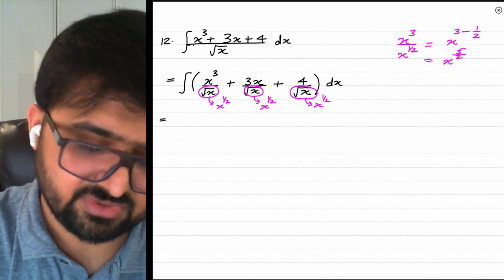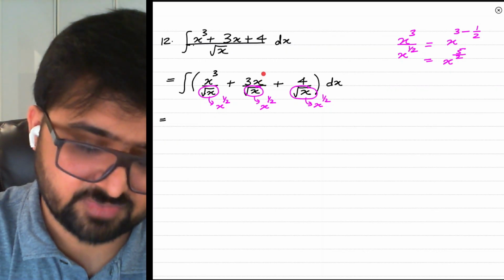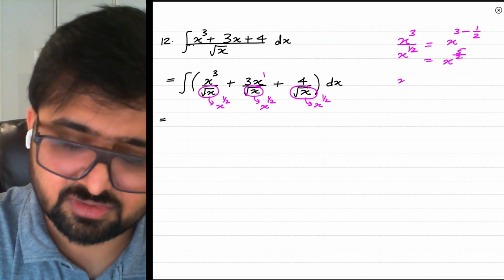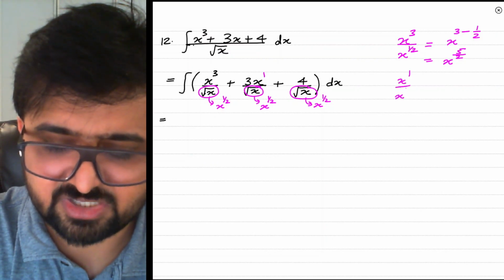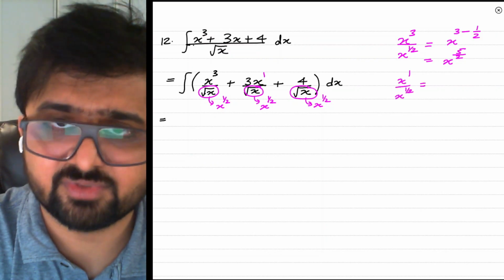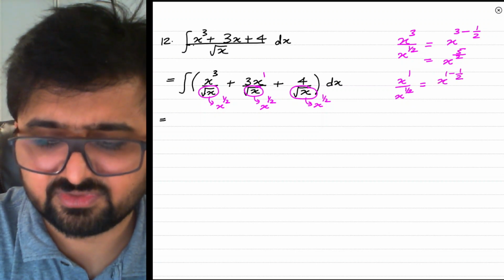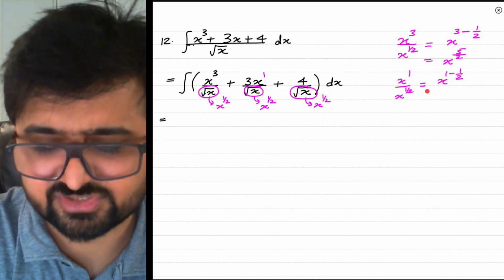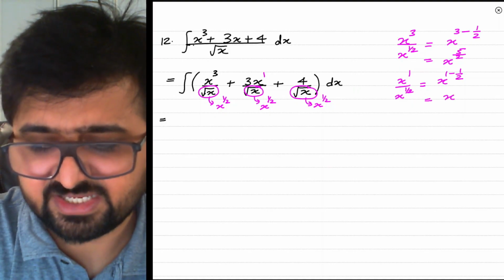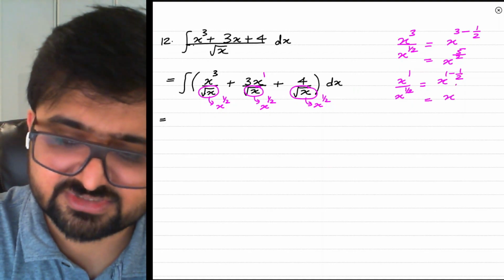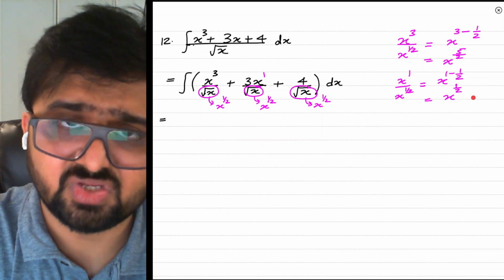Okay, now let's see this one, x to the power 1 divided by x to the power half. So that will become x to the power 1 minus half. Can subtract those powers since it's a division. Now that would be x to the power 1 minus half is half. Okay.